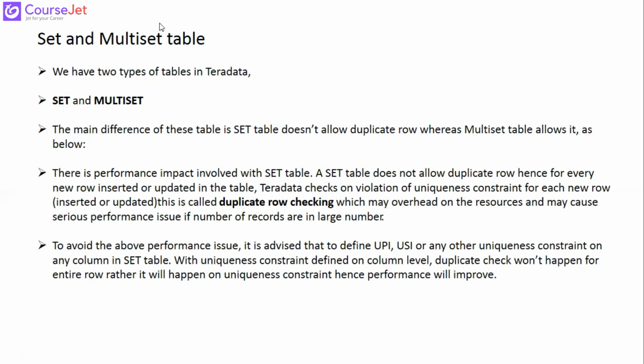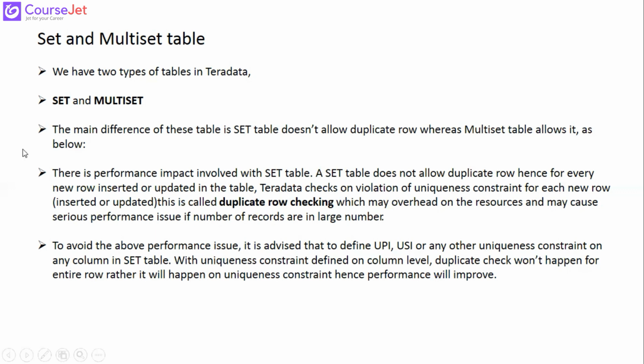But when we have the multiset table, what we can do is have a unique primary index on the employee ID. So it only checks for duplication on the employee ID. Department name, first name or last name, it won't consider. So both ways we can have it.